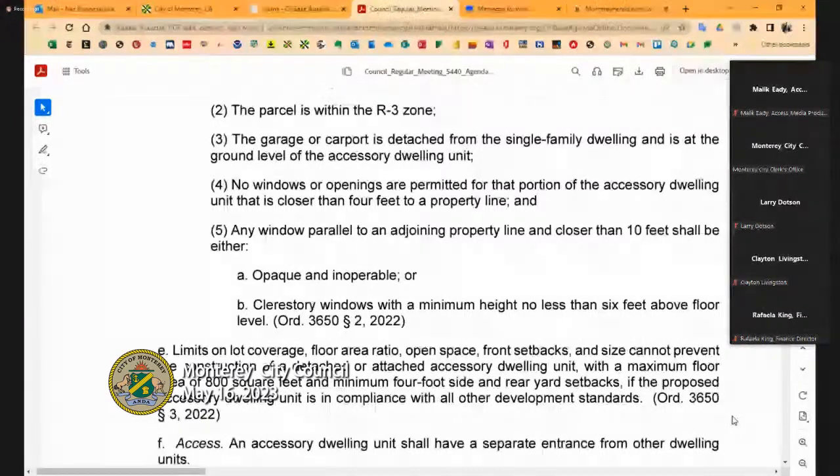And the planning commission recommended in the past that the city be more flexible than state law and allow ADUs above garages or carports. When they made that recommendation, they discussed that by being closer to the property line and a second story, it could have privacy impacts on the adjacent properties. And in light of that, the planning commission recommended opaque and inoperable clerestory windows.